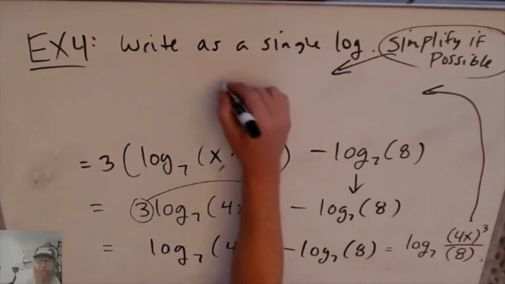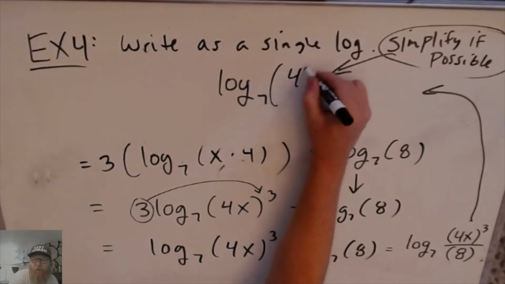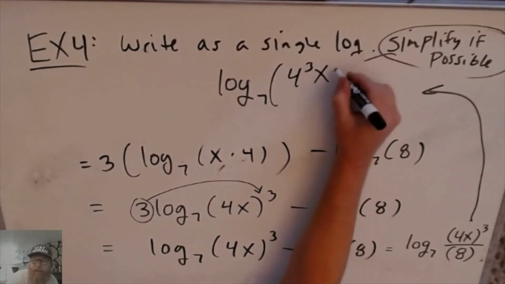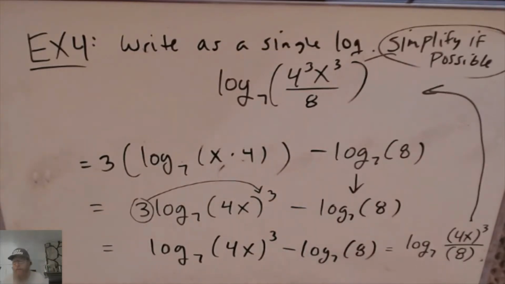So let's simplify that: log base 7 of 4 cubed x cubed over 8. All right, see this exponent of 3? You have to exponentiate both the 4 and the x.